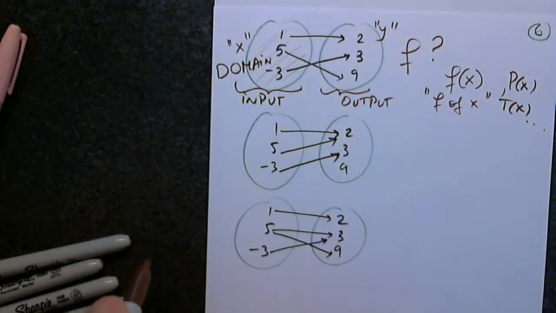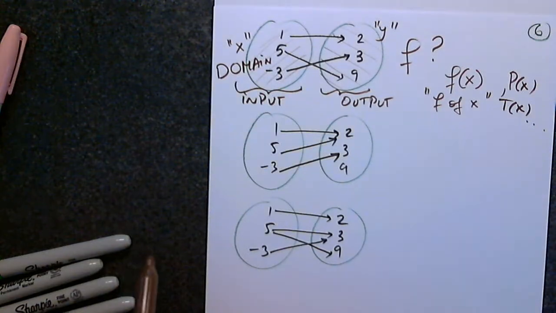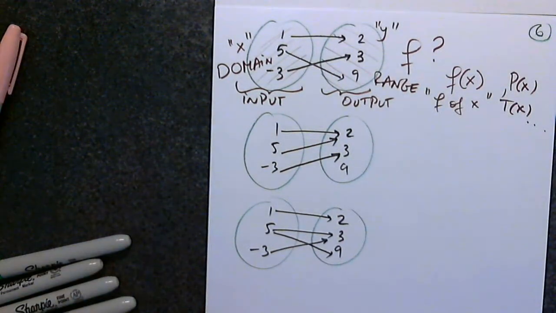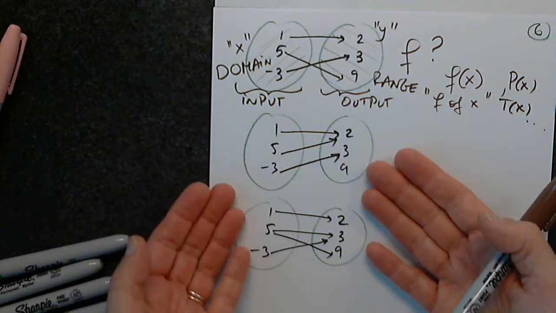Where the output is coming from, how do I call this set? Very good. Range. So the first scenario has domain 1, 5, -3, has range 2, 3, 9, and it is a function versus a relation.